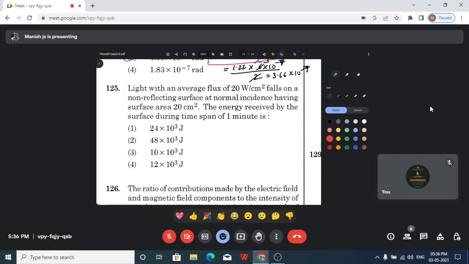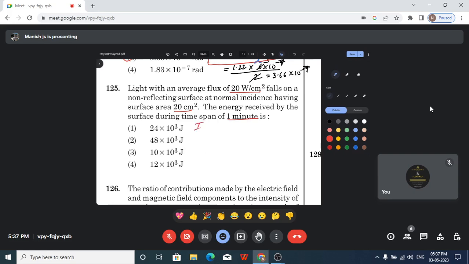Light with an average flux of 20 Weber per centimeter square falls on a non-reflecting surface at normal incidence, having a surface area of 20 centimeters square. The energy received by the surface during a time span of 1 minute is. So what is the given data here? They have given you the intensity, Weber per centimeter square, which is the intensity of light.